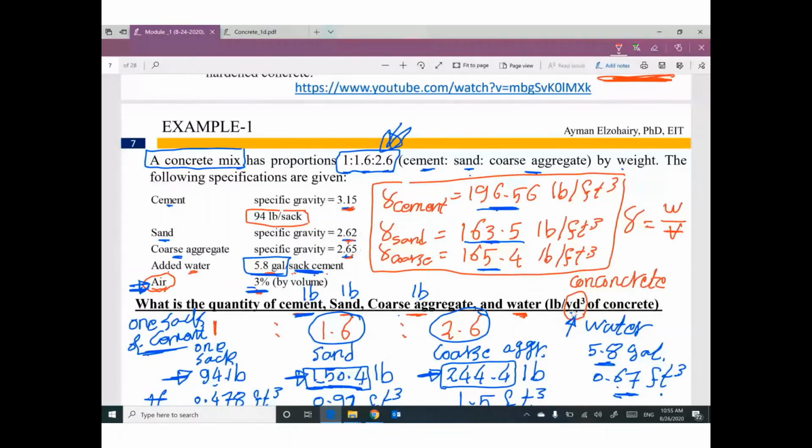I believe in another course, probably cost estimating or something like this, you need to figure out the quantities of any material to construct any building. So this type of problem is very important. You need to figure out how much of each component you need in your concrete mix.